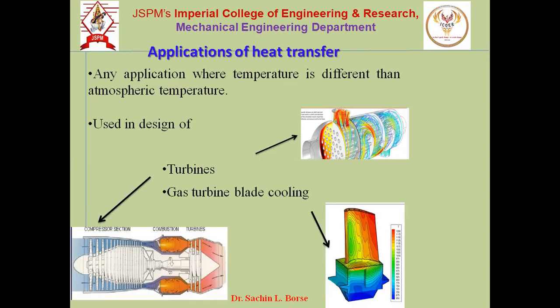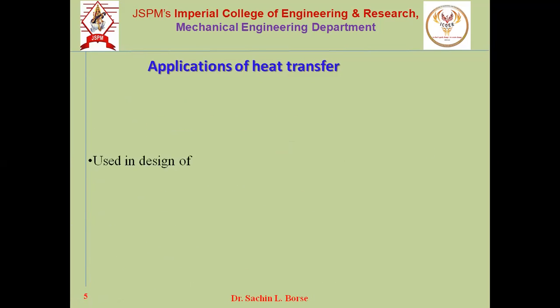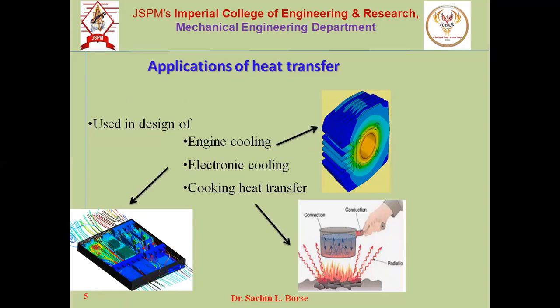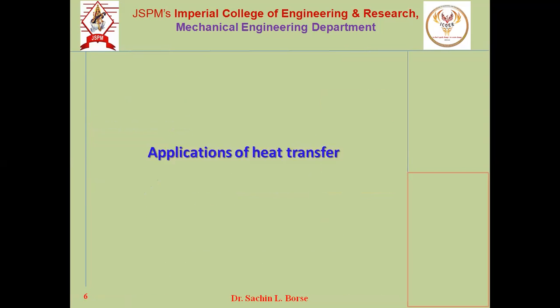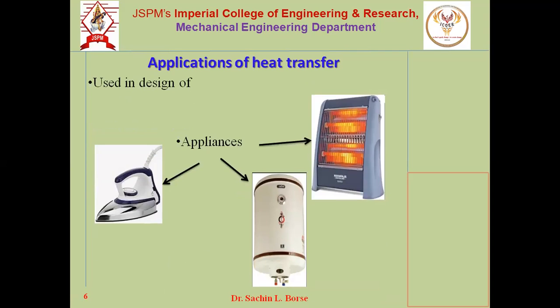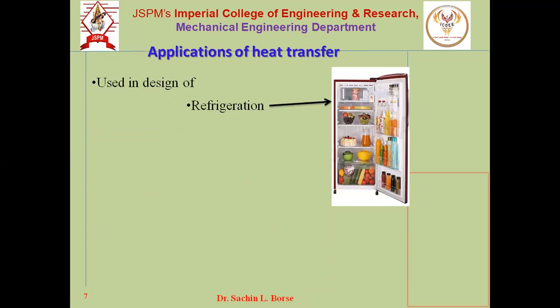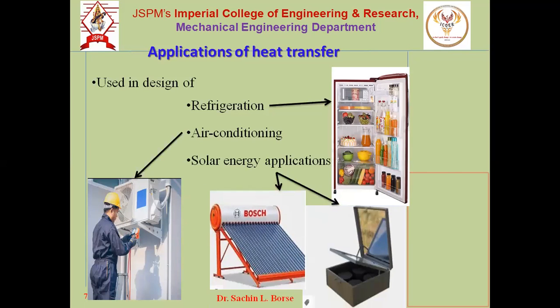Wherever there is a temperature difference between the surroundings and the object, that is an application of heat transfer, like gas turbines, heat exchangers, turbine blades, engine cooling, electronic cooling, cooling in cooking, home appliances like geyser, iron, air heater, refrigerator, air conditioning, and solar energy applications.